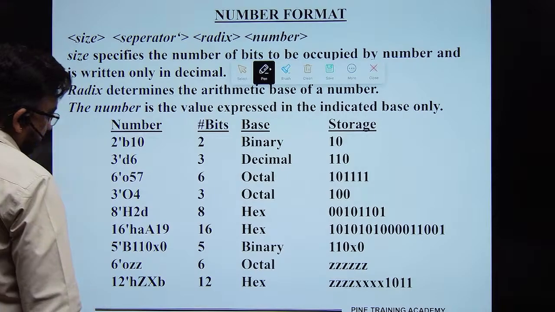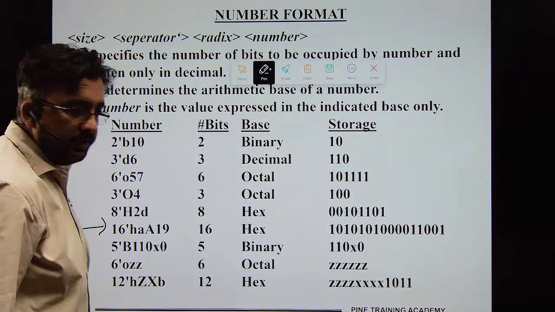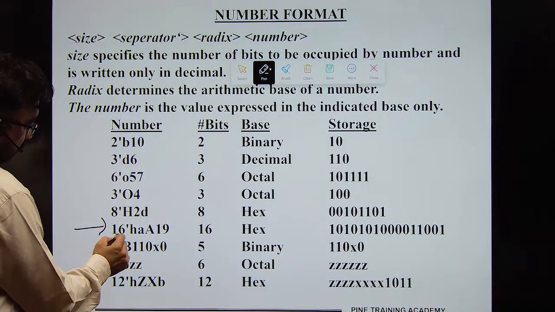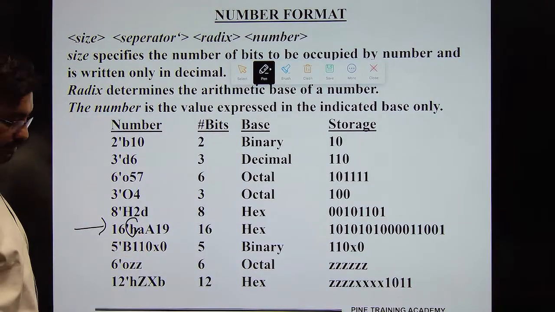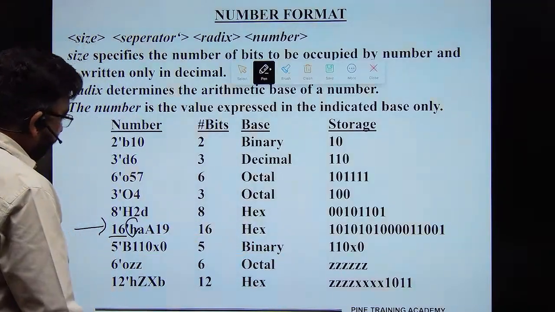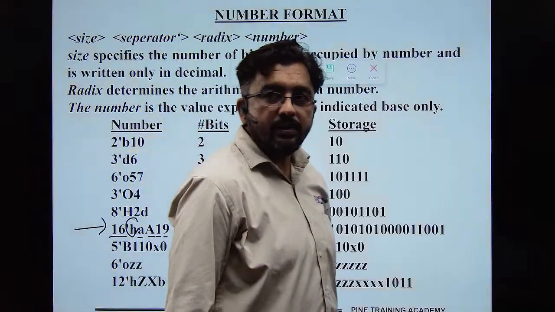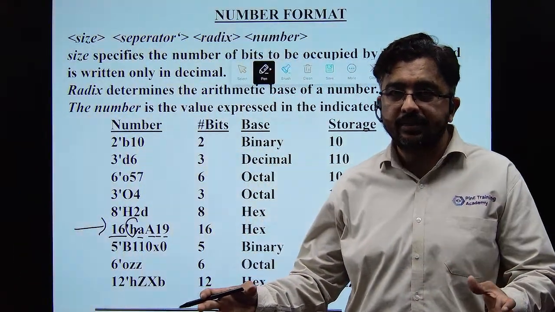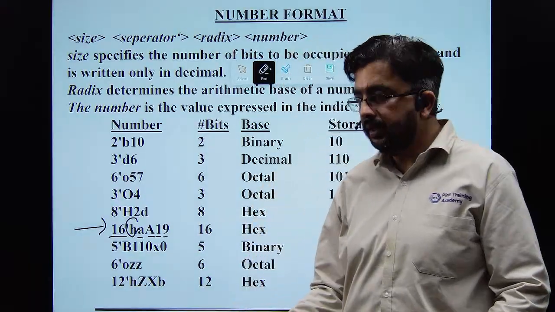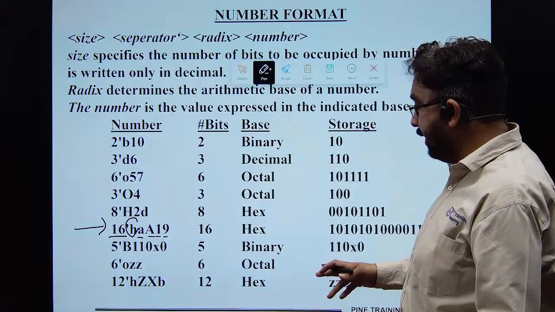Now let's take the example of 16'hAA19. H means hexadecimal, and 16 means the total size is 16 bits. Now you have to fit AA19 into 16 bits, so very easy.